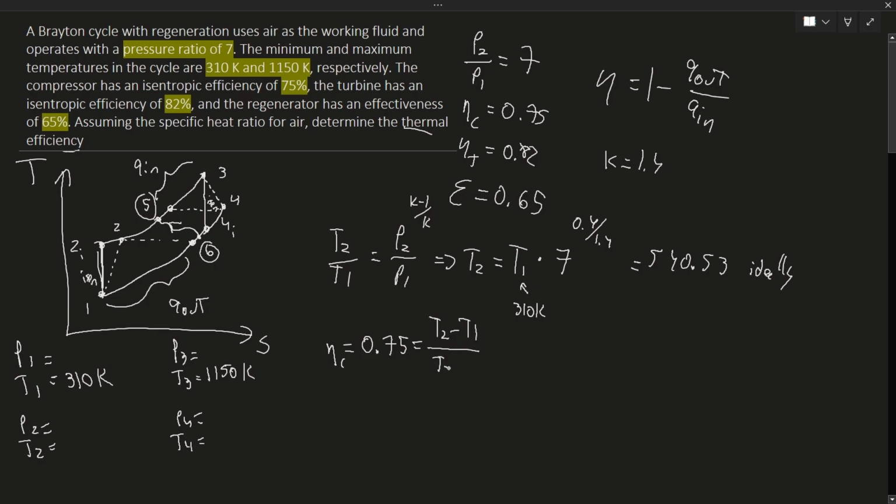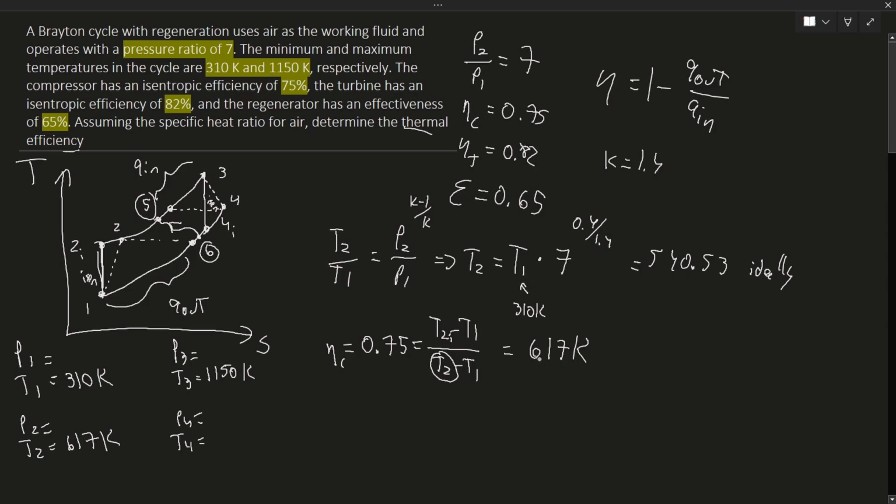Since we have a certain compressor efficiency, we have to use this formula, divided by T2 minus T1. Since it's going up, from 1 to 2, for the efficiency you use the ideal as the numerator. We have all of these numbers, we're just looking for this. It's simple basic algebra, but you're supposed to find T2 to be about 617 Kelvin.